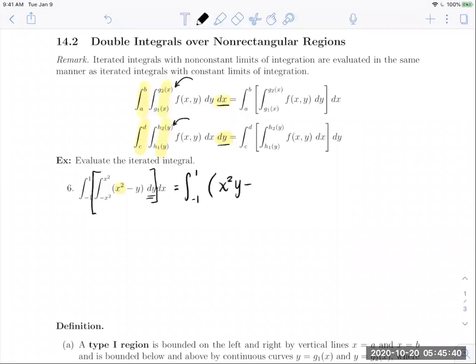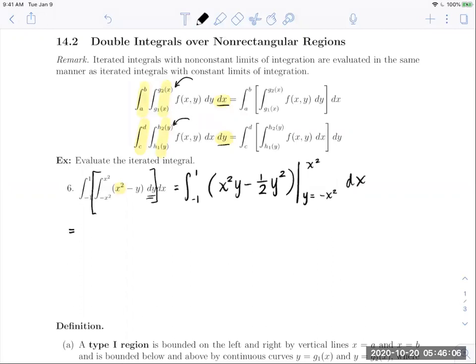Then integrating y as usual, I have 1/2 y squared. Now, I want to evaluate this from negative x squared to x squared, but because I have two variables involved here, I'm going to specify that I'm evaluating y from negative x squared to x squared. And then once I'm finished with that, I will be integrating with respect to x.